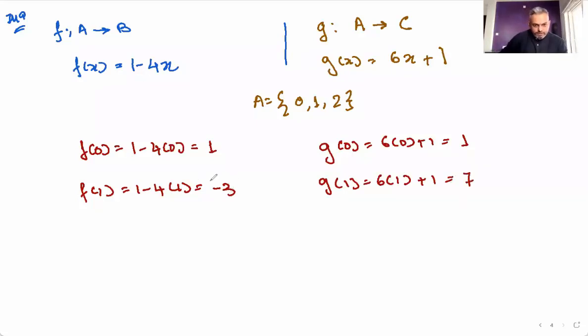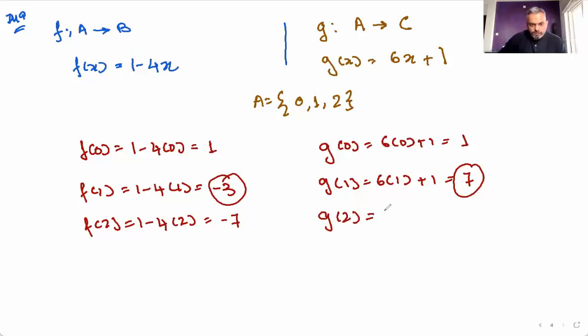So here you can see minus 3 and here 7, so the image is not coming the same. And then f of 2 is 1 minus 4 into 2; 4 twos are 8, 1 minus 8 is minus 7. And g of 2 is 6 into 2 plus 1, which is equal to 13. So you can see over here that the domain may be the same, but the images of the elements of the domain are not the same.